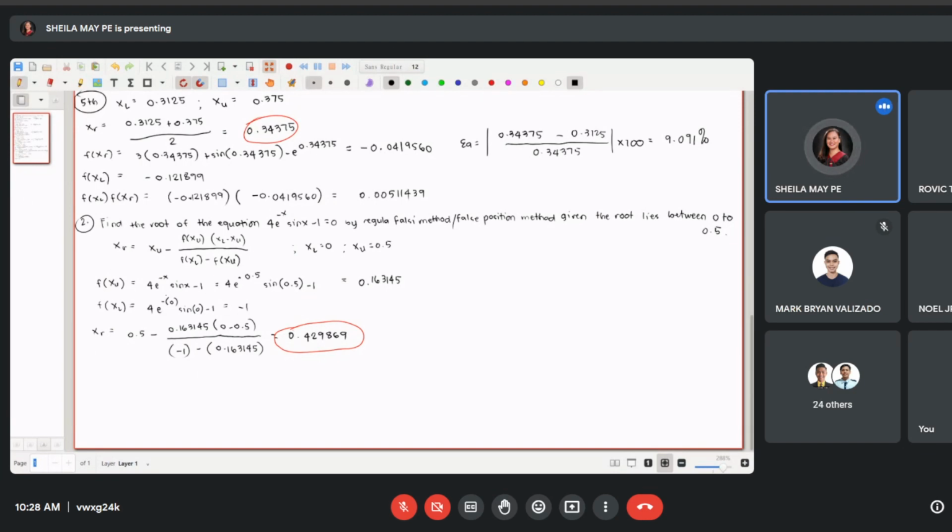Open the X sub R. Sorry. How much? What's the value of this?